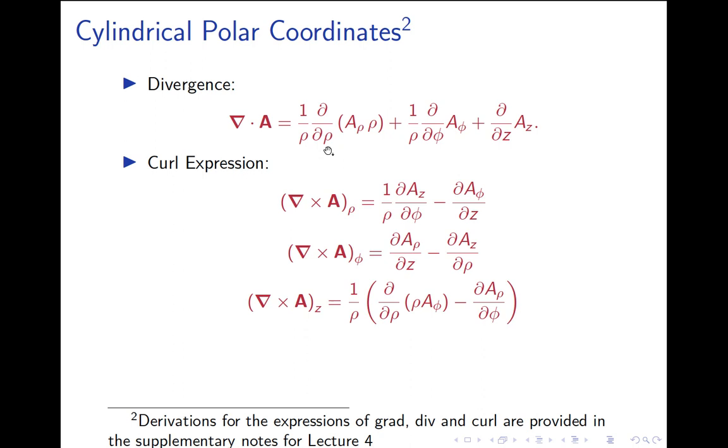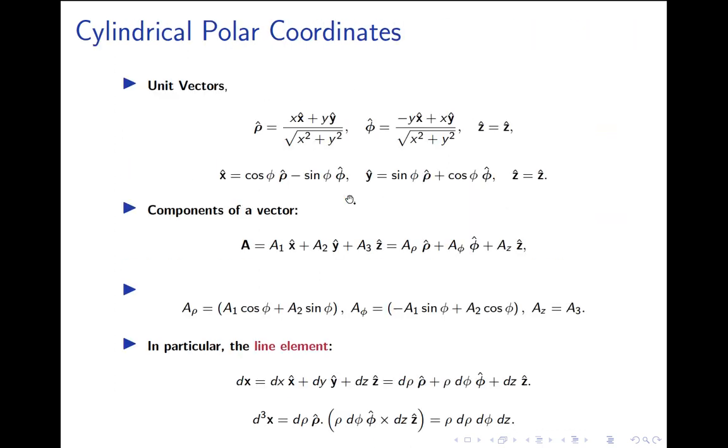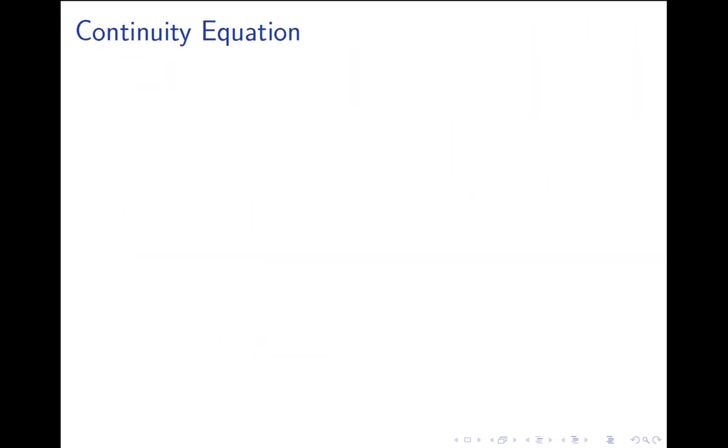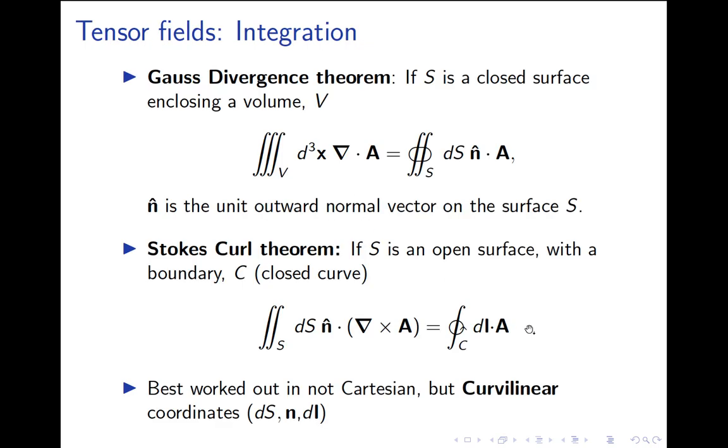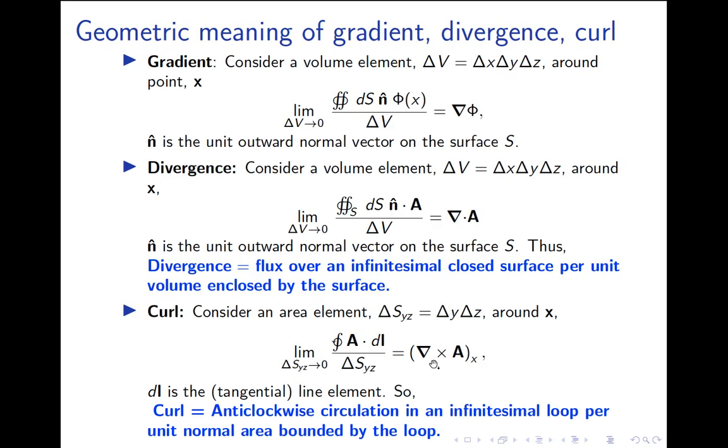Okay. Similarly, from the geometric definition of curl, in which you consider, for example, a loop in the phi z plane, that will give you the rho component of the curl of A. You use this definition, find out the circulation of the vector field on the phi z plane, divided by the area of the loop in the phi z plane.